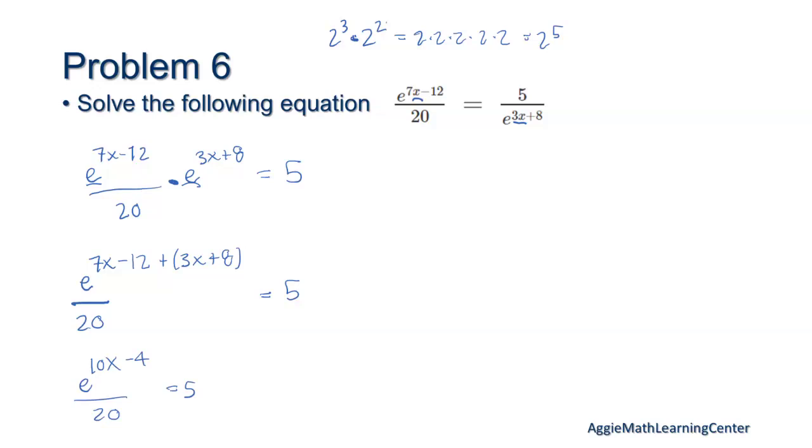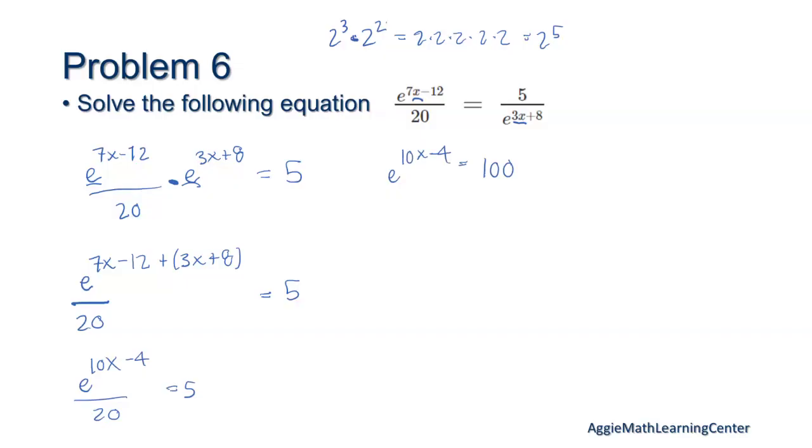Okay, now I'd like to have just the exponent by itself so that it's a little simpler to see how to use my logarithms. So I'm going to multiply both sides by 20. All right, okay. Now, who can tell me what I should do next? Ellen, natural log of both sides? Yes, sir. Okay, I like that idea.